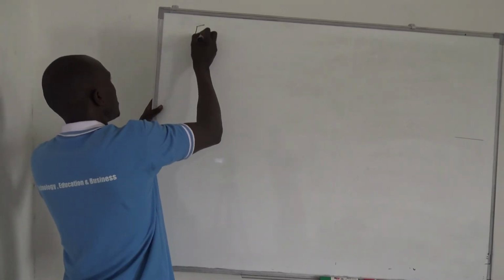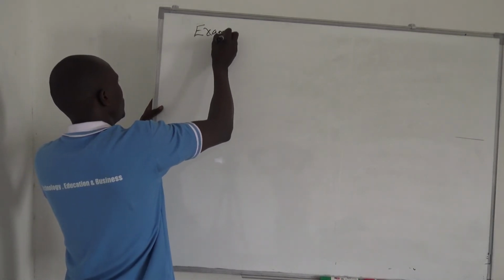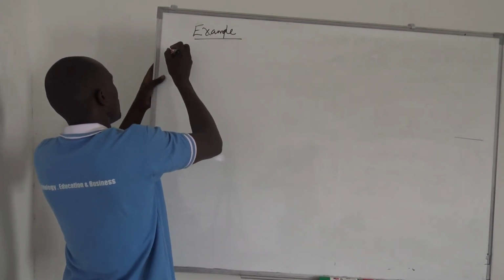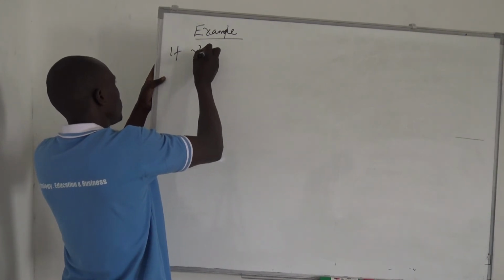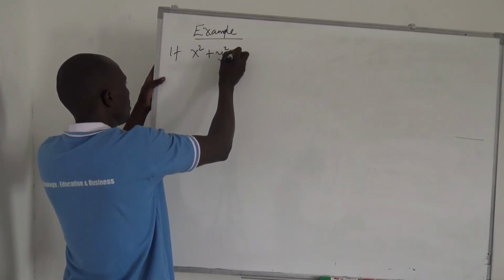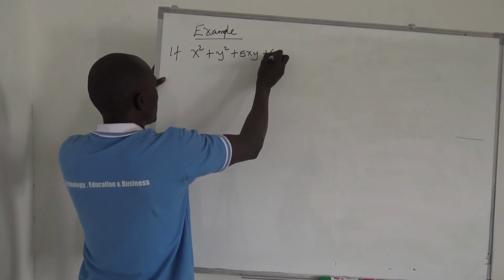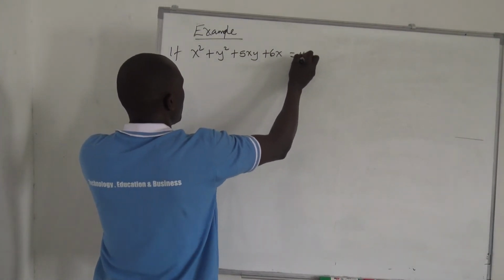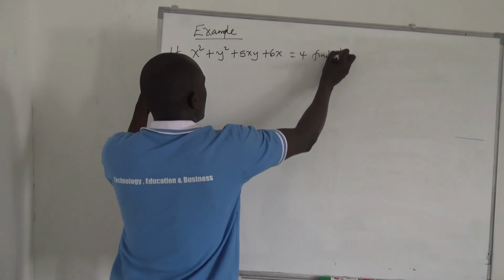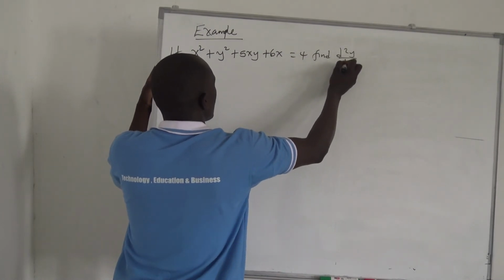So the last example goes: if x squared plus y squared plus 5xy plus 6x equals 4, find d2y/dx squared.